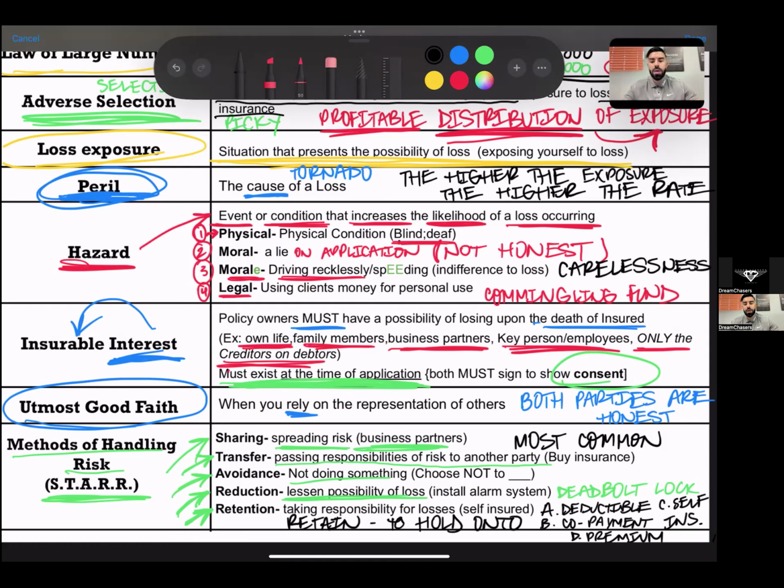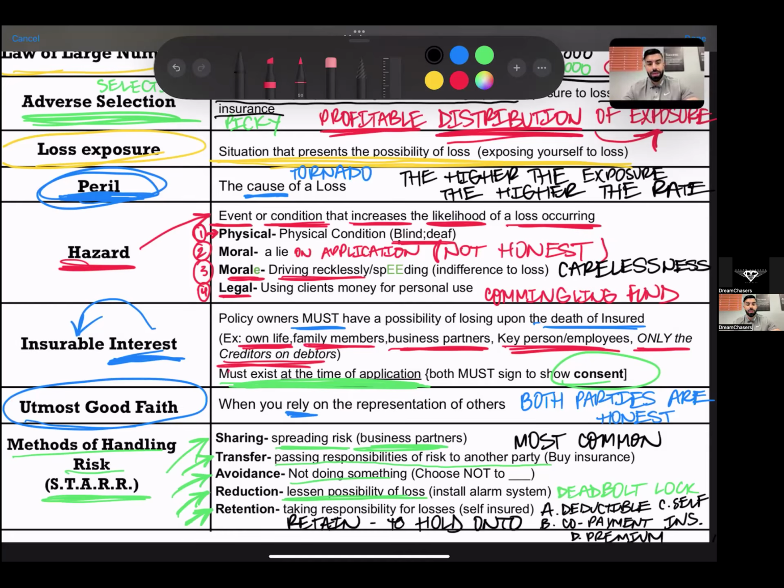And the correct answer there would be premium. Why? Because you're not holding onto some risk when you're paying your premium. Your premium is the payment that you make for your insurance. Think of auto insurance: you pay your monthly premium, but then if the individual gets in a car accident, you take your car to the body shop, you still have to pay the deductible. So you're holding on to some of the risk because money is going to come out of your pocket.